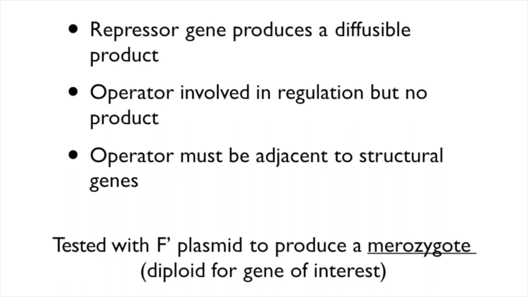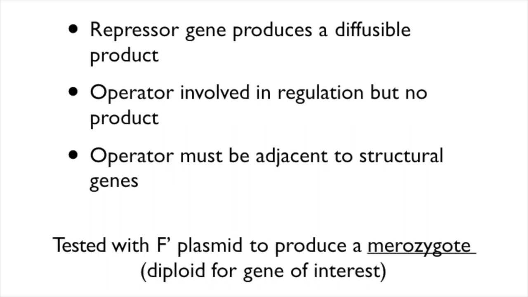So the repressor protein gene produces a diffusible product, the operator is involved in regulation but doesn't actually produce any product, and it has to be adjacent to the structural genes. They were able to test this using F' plasmids to produce a merozygote. Now that should still be fresh in your mind, but we've got a bacterium that is F', so it's got its bacterial chromosome, but it also has an F factor that has one of the genes on it.